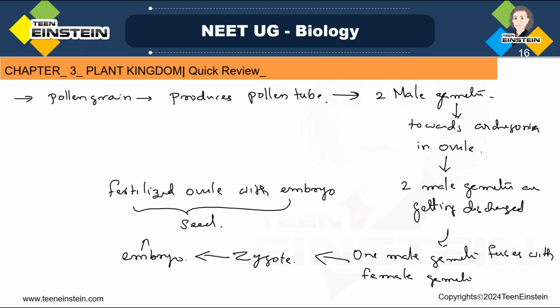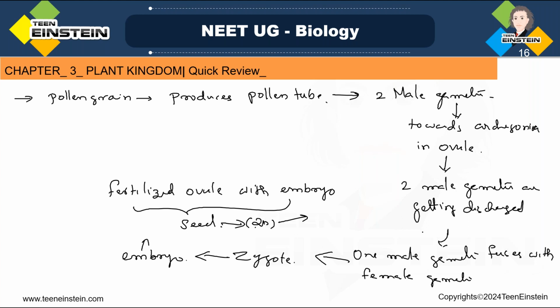The seed with the embryo is in 2n or diploid condition, that can form a new diploid sporophytic plant on germination.